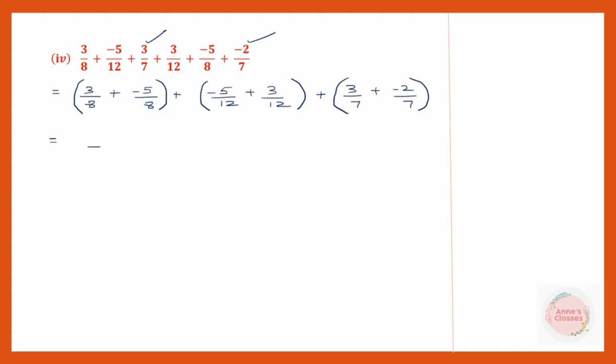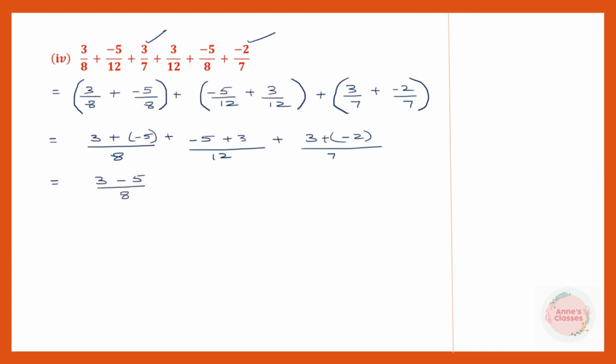So here we'll have denominators 8, numerators are the same, 3 plus minus 5 plus here also our denominator is 12 and the numerators remain the same, minus 5 plus 3 plus here again we have 7 and 3 plus minus 2. So now let's simplify this. So this becomes 3 minus 5 by 8.